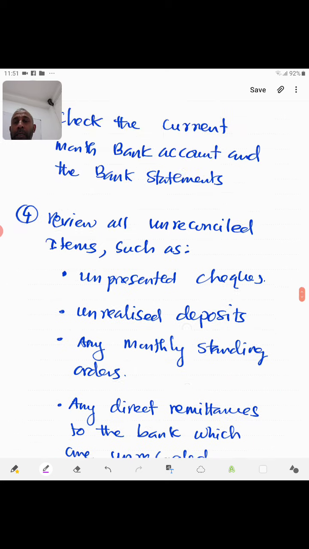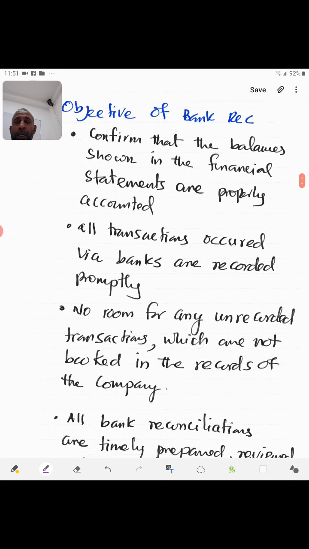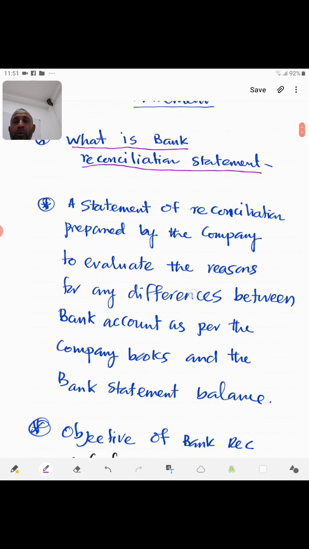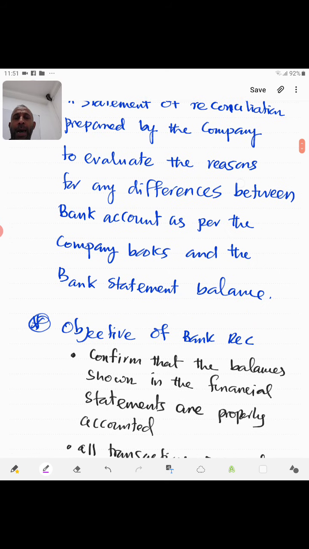Today I just wanted to talk through how we perform an auditing exercise, how to see whether the bank reconciliation statement has been done in the right way. So, a reconciliation statement is prepared by the company to evaluate the reasons for any differences between the bank account as per the company books and the bank statement. This is what the bank reconciliation statement is.